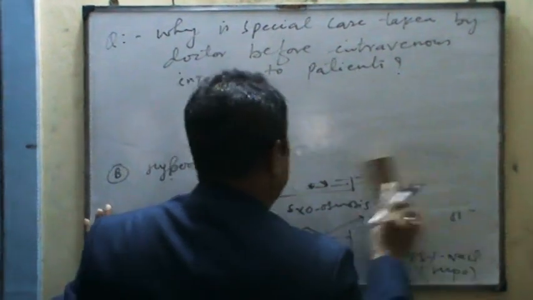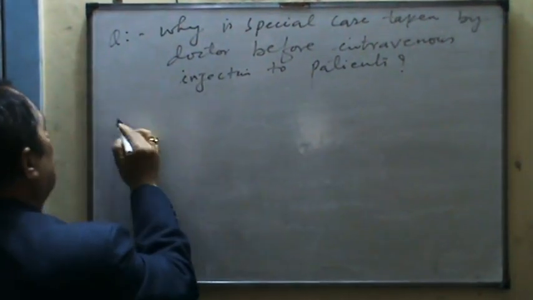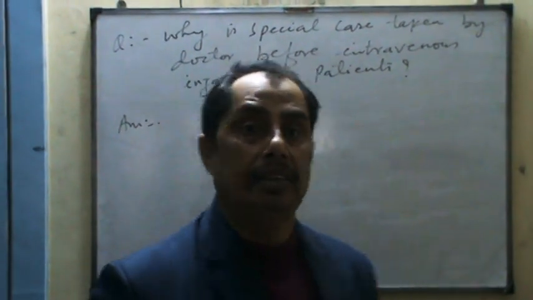Why? Because in case of hyper or in case of hypo, in both these cases RBC will either swell or shrink.